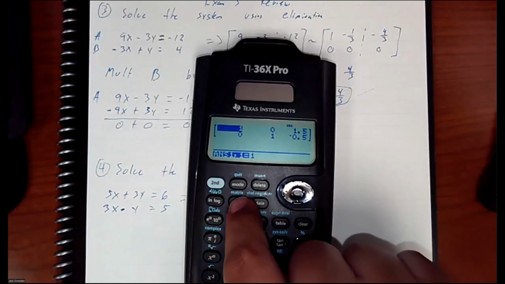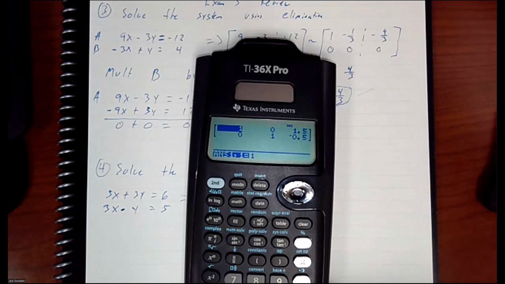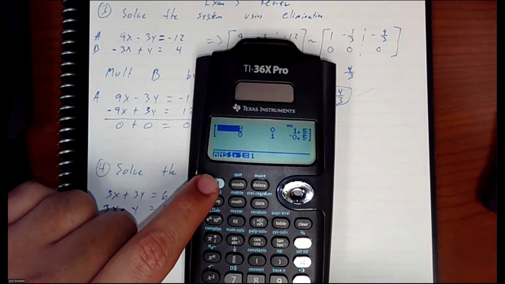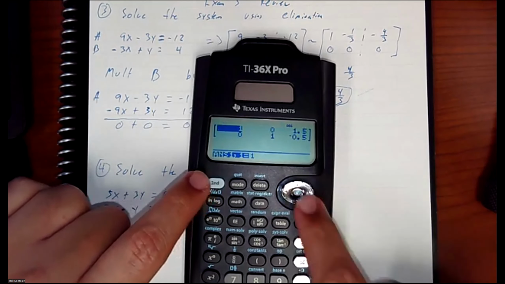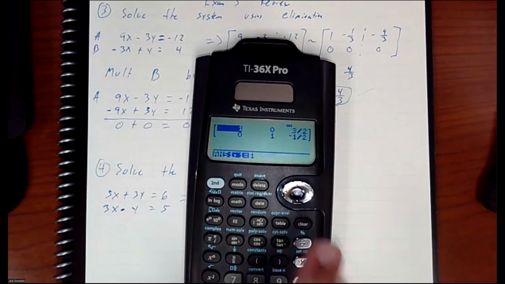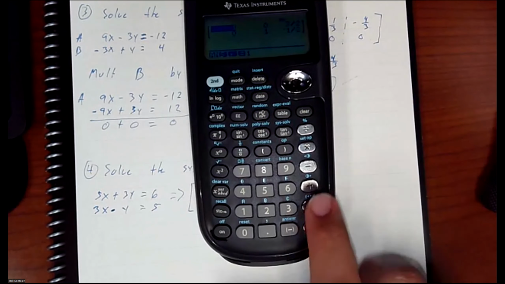So X is, oh, you can also change it if you want. I think there's a function button. Above the equal, there's a fraction to decimal or decimal to fraction.